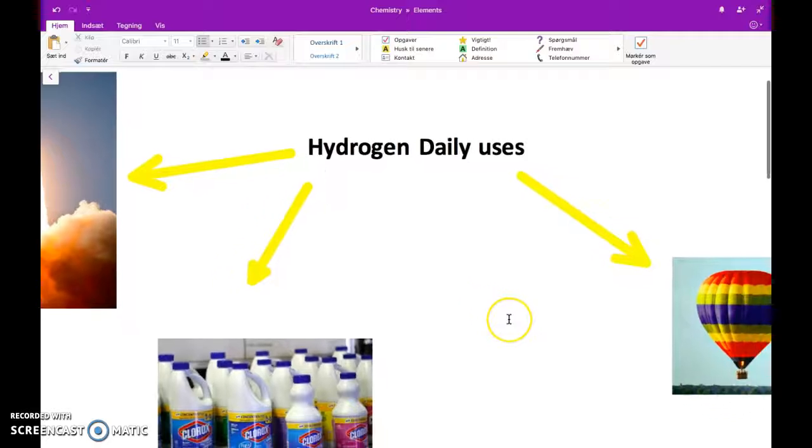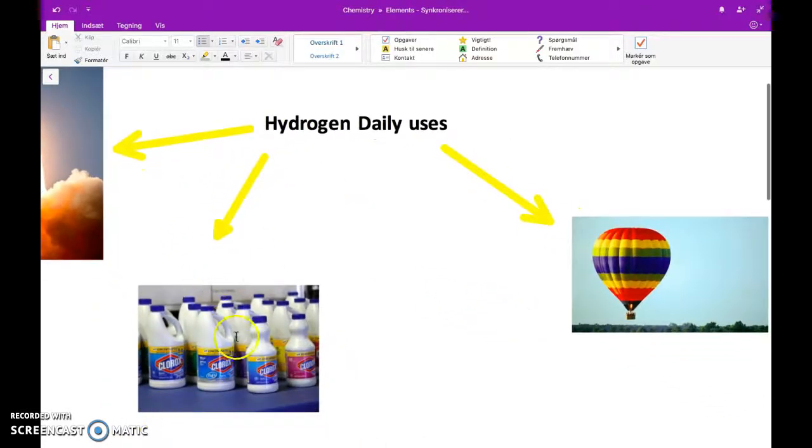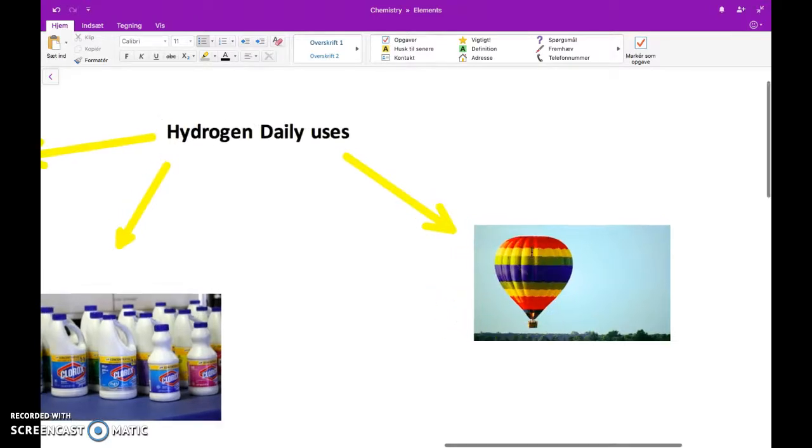And here we can see hydrogen's other daily uses, which is this compound right over here, hydrogen peroxide, which is used in hospitals to clean wounds and sterilize stuff so the bacteria don't spread. And here we have the air balloon, which needs a light gas to float in the atmosphere.